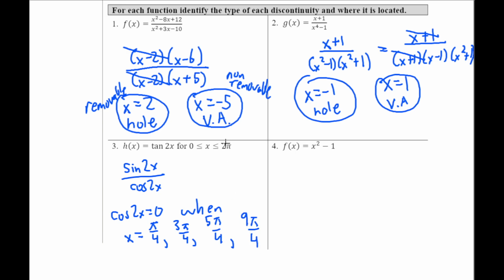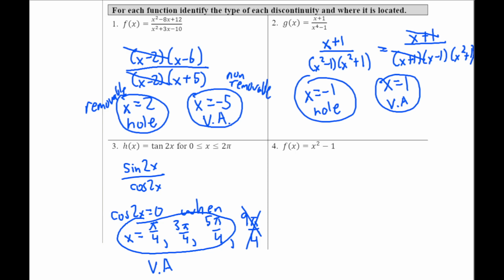However, 9 pi over 4 is outside the bounds here, so you don't use it. All these values are vertical asymptotes. Again, because there's nothing that cancels out on the top and bottom, we're just finding when cosine of 2x is equal to 0.